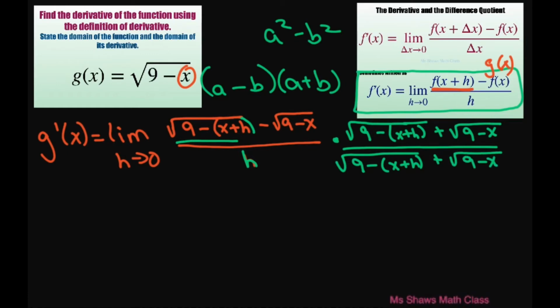All right, so this is going to give you the limit as h approaches 0, and what we're doing is squaring the a.